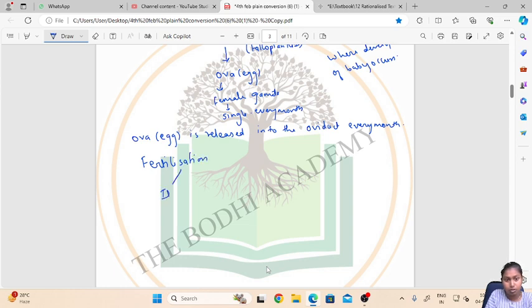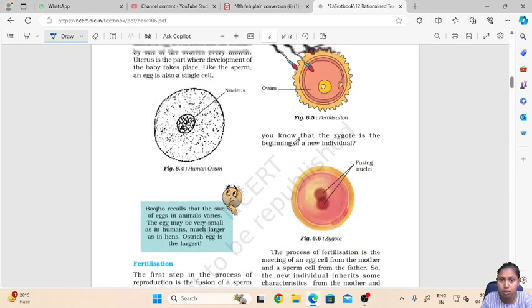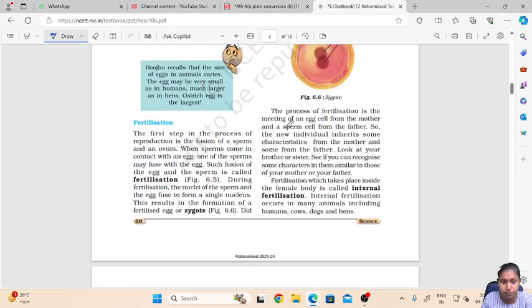It is a fusion of sperm and ovum. So sperm is the male gamete, ovum is the female gamete. So fusion of both of them together is the process of fertilization. So this is the fertilization process.